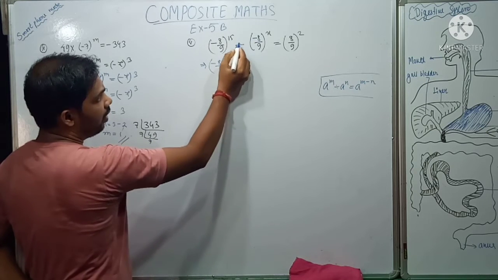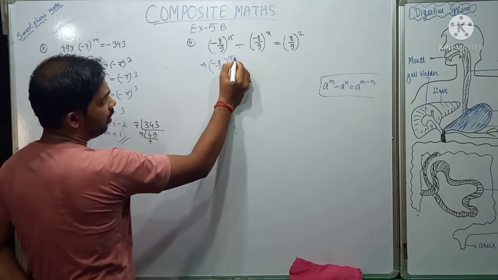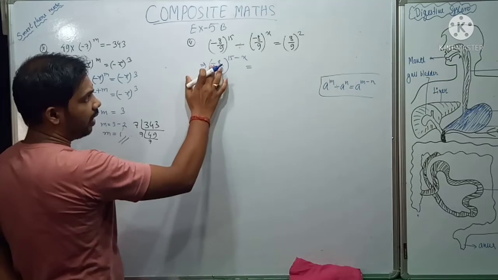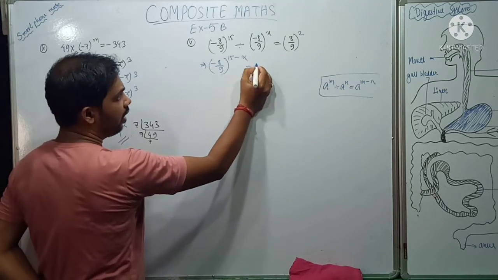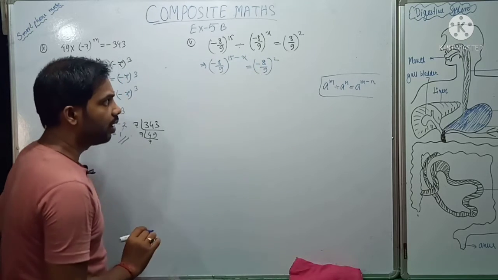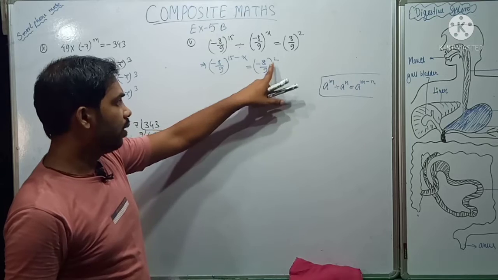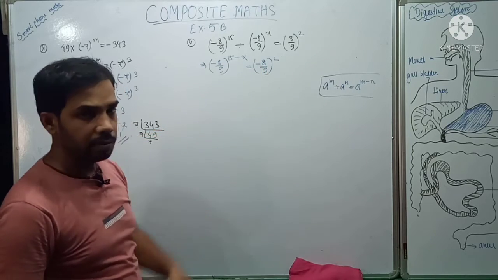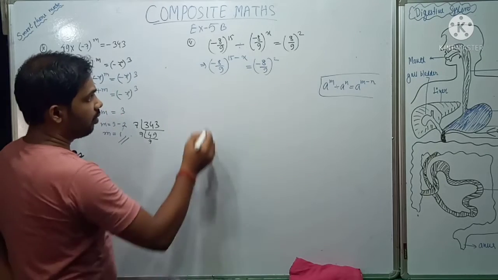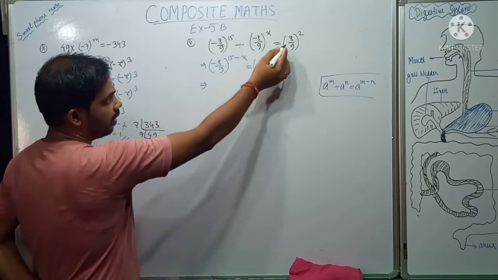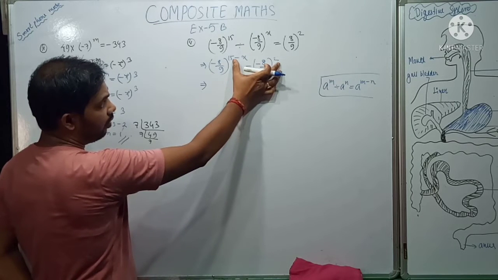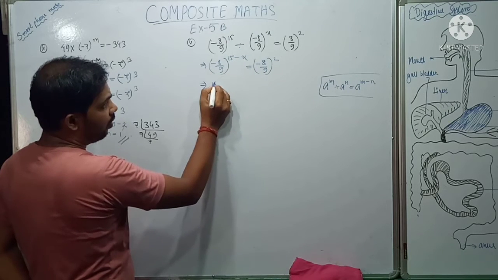The power will be subtracted, so it is 15 minus x is equal to... Now can we write it like this, minus 8 by 9 whole square? Yes, you can write it, because when a negative number is squared it becomes positive. So you can write it like this. Now if I write like this, the bases will become equal. Then when the bases become equal, the powers will be equal.